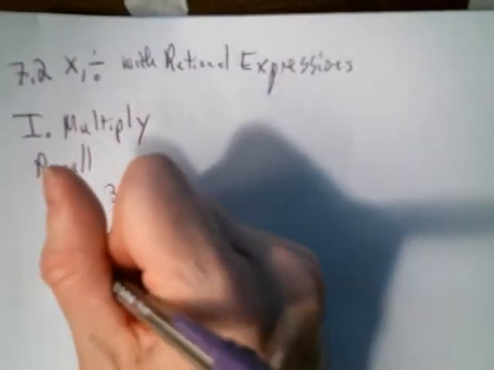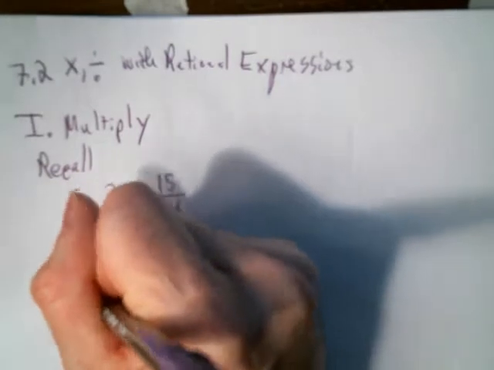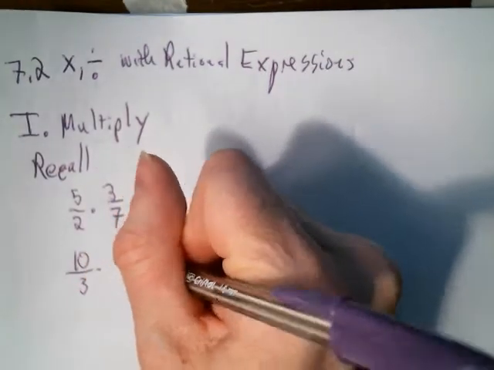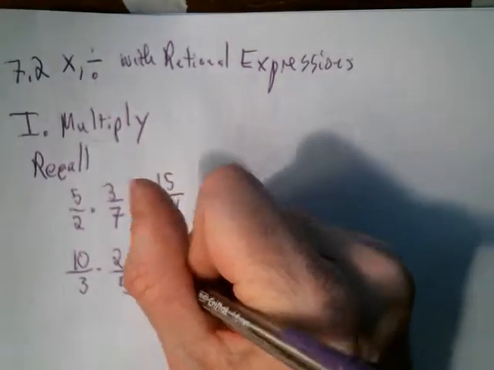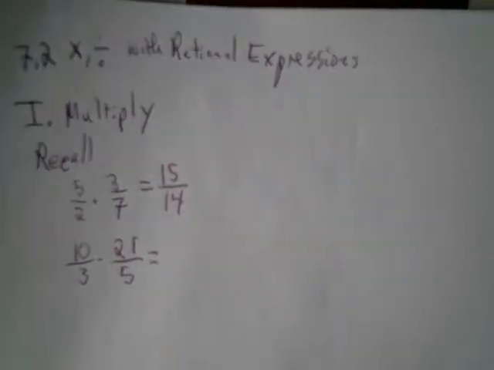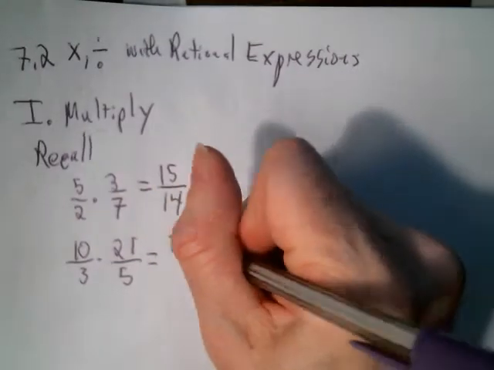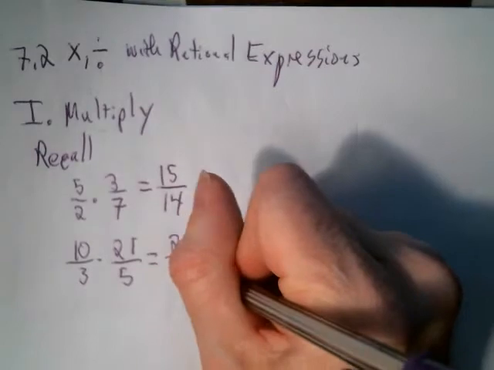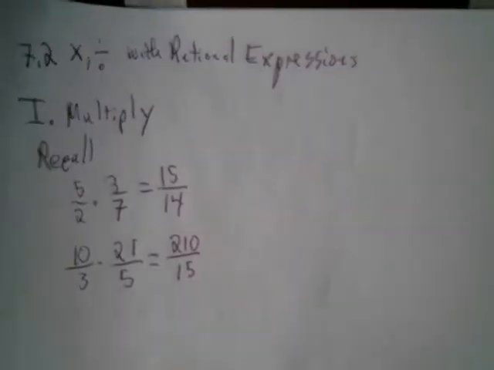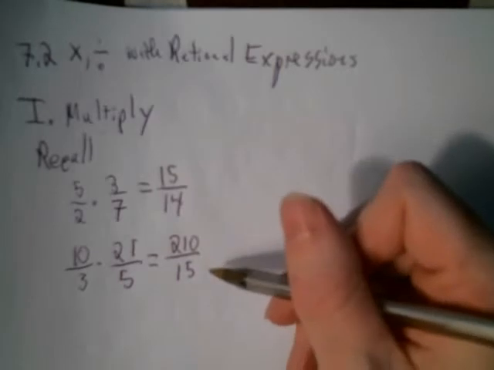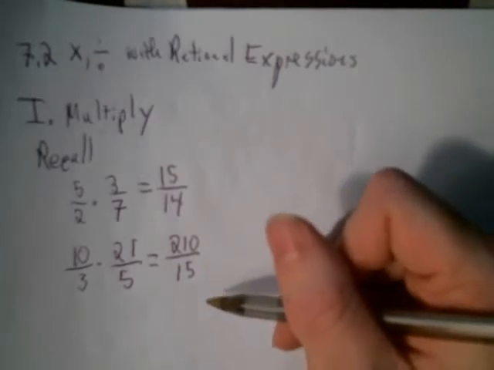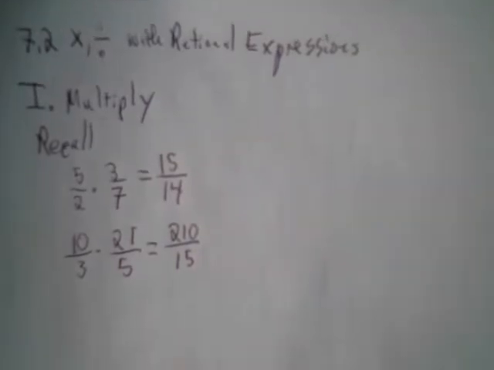Here's a more complicated one, 10/3 times 21/5. If you try it this way, it's 210 all over 15, which is kind of a bummer because now I have to figure out what I divide top and bottom by to simplify. And what I claim is there's an easier way.